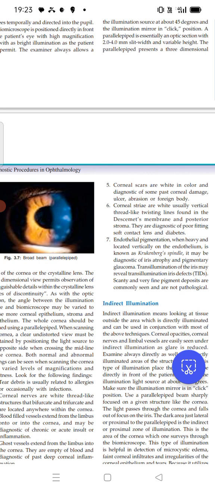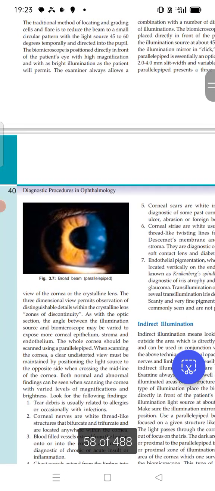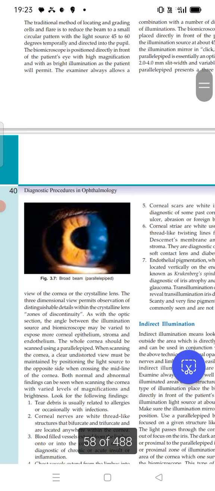If the anterior chamber is hazy, if the aqueous humor is not clear, we can find that out. We can see if there are any cells present in the anterior chamber, or any flare present in the anterior chamber. Thus it helps us to identify whether any uveitis is present in the patient.